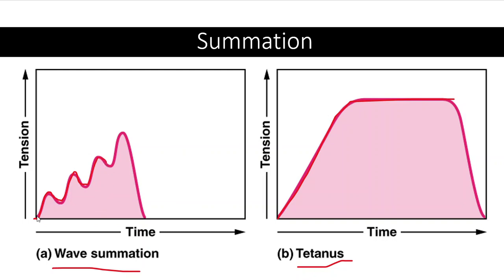That's wave summation. So what we're doing is actually adding up. These guys are not getting a chance to go all the way back down to 0 before the next nerve impulse. So they're kind of stepping their way up.